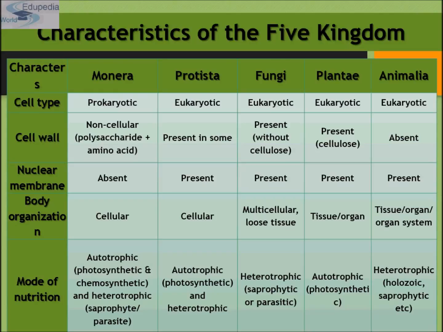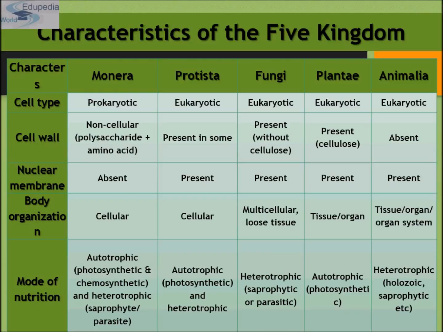Now if we talk about their mode of nutrition, then monerans are autotrophic, photosynthetic and chemosynthetic, and heterotrophic such as saprophytic and parasitic mode is seen. Protistans are autotrophic, that means they can synthesize their own food, and heterotrophic, and some are dependent on the plants as well.